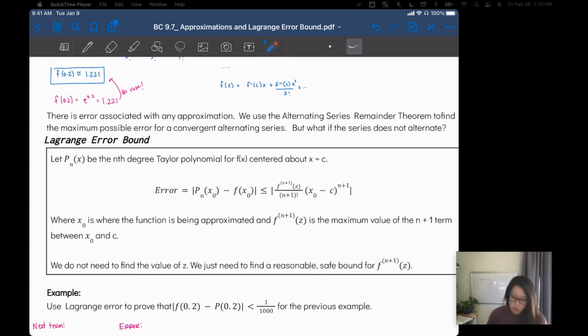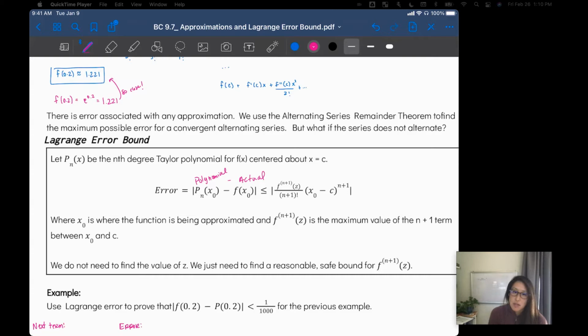Okay, so the error of a polynomial to the nth degree centered around x equals c is equal to the polynomial's value minus the actual value, okay? Or the other way, you can do actual minus polynomial and take the absolute value, okay?